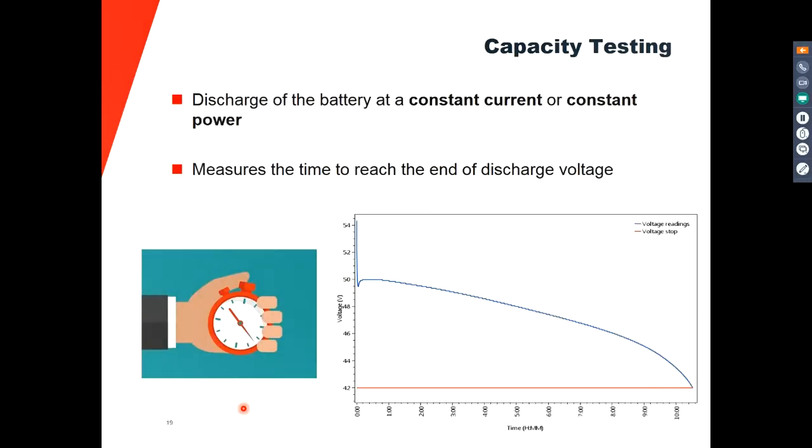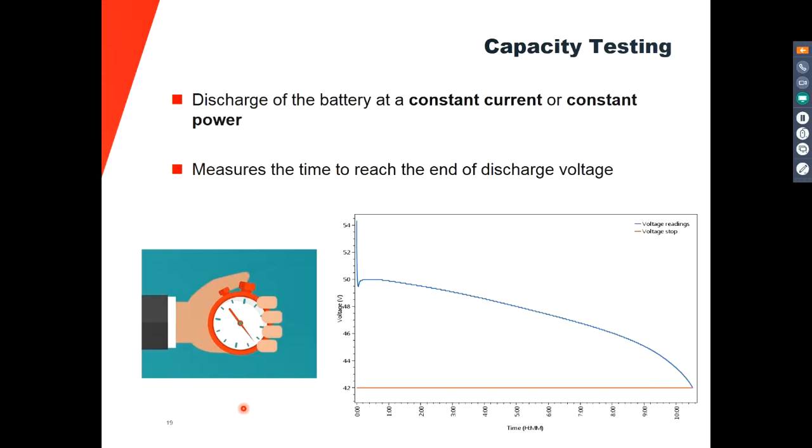So the capacity testing that we have been mentioning a lot is actually discharging the battery at a constant current, using that current from the manufacturer's table, or at a constant power. The tables are also provided in terms of watts instead of amps.